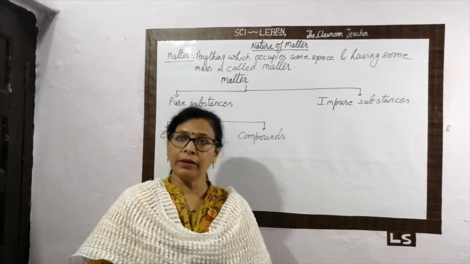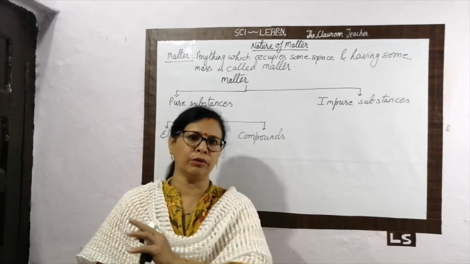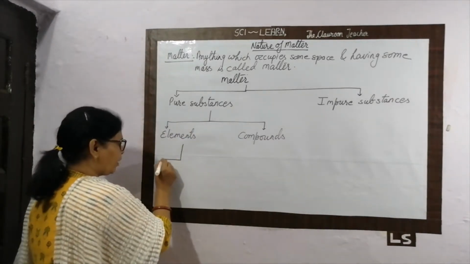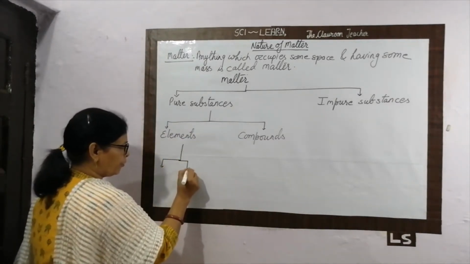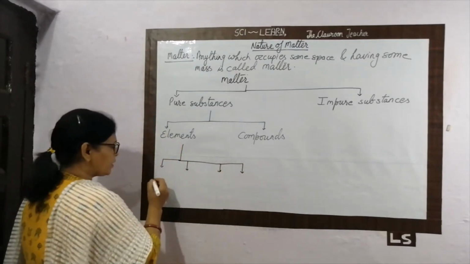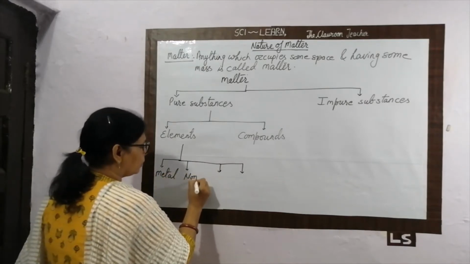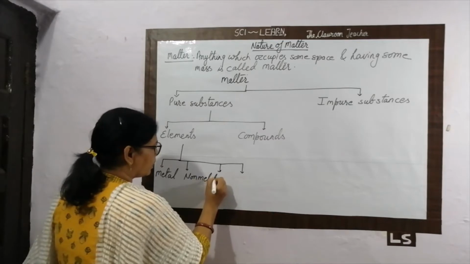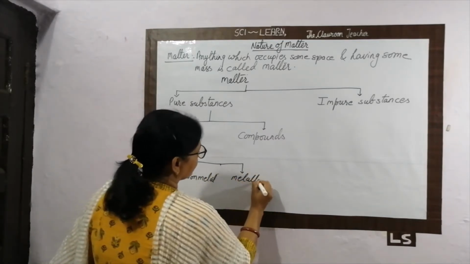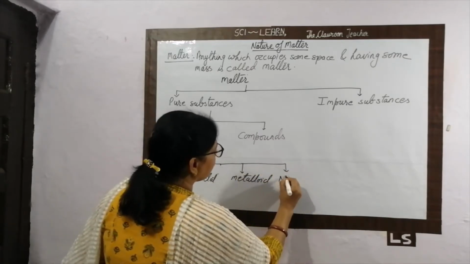Then we are able to classify elements into four different groups. The first is metal, the second is non-metal, the third is metalloid, and the fourth is noble gas.